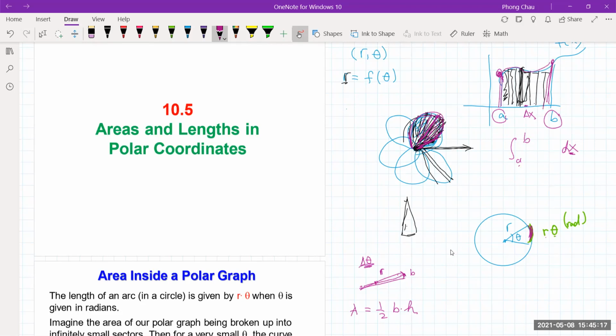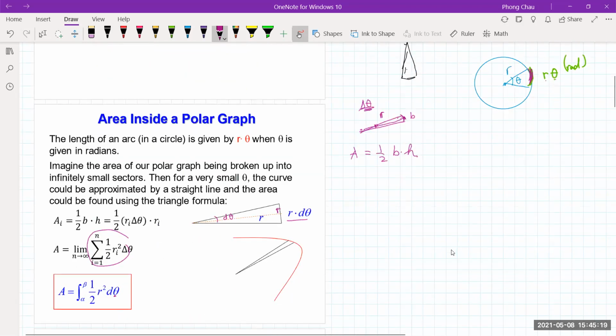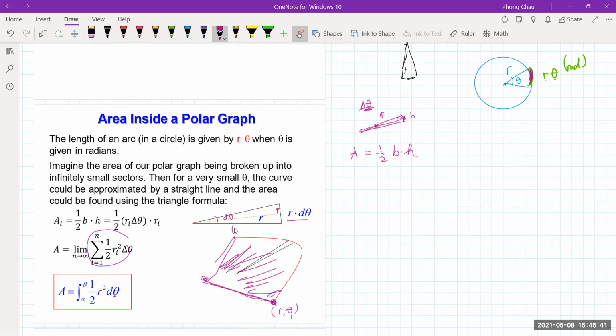Now, when you find the area inside the polar graph, so let's say that one, this is right here, and let's say here's my pole. Then over here, this point gives you what is this angle right here for this point r, what's the theta 1? And then over here at the end, where is the theta 2 here? And those are the alpha and the beta.